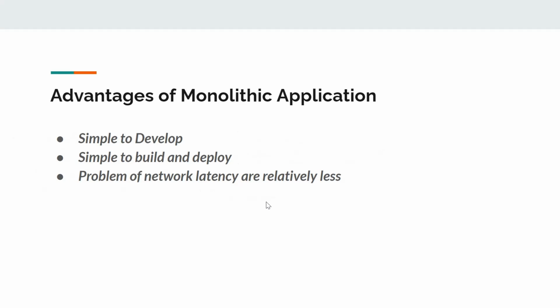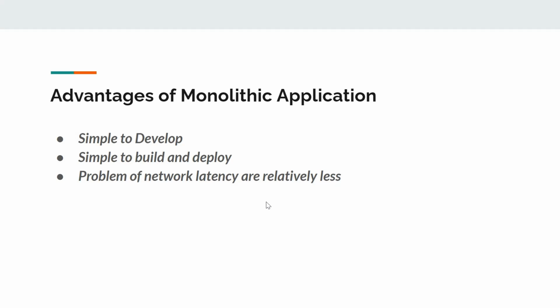Then the advantage: simple to deploy. The whole application is deployed together. It is simple to build and deploy, because it is a single codebase, one project with many services.